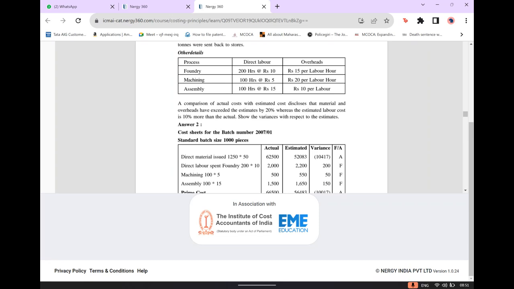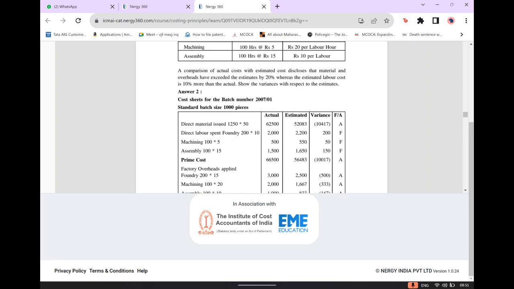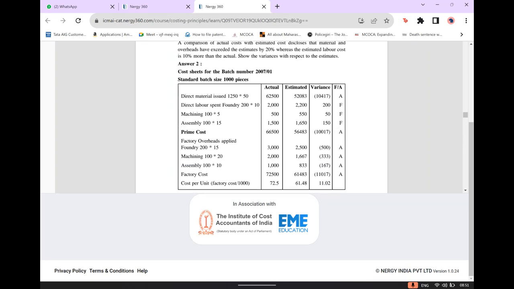We have already done the calculations: let the actual be x, so x plus 20% of x is equal to so much. Please refer to your problems or the screenshots you have taken from my previous session.